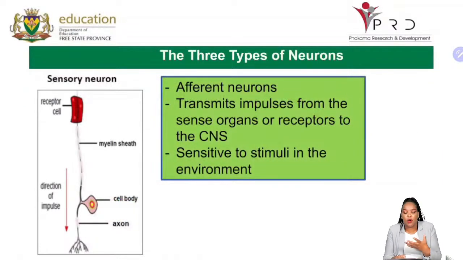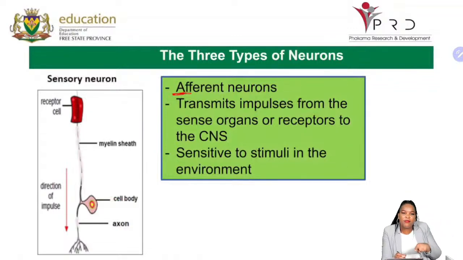Then there are 3 types of neurons that we said we must look at. Right. The first one is the sensory neuron. The sensory neuron is the one that is going to receive, or it is the afferent. With your alphabet, A is the first alphabet. Afferent neurons are the first neurons. So the sensory neurons will always be the first one that will receive the stimulus.